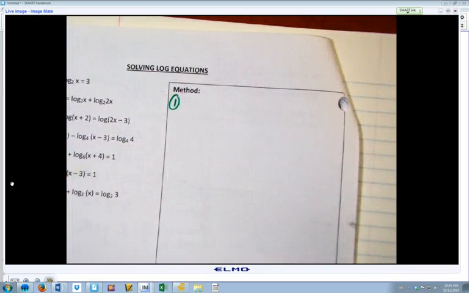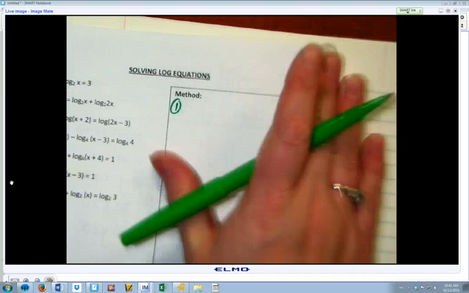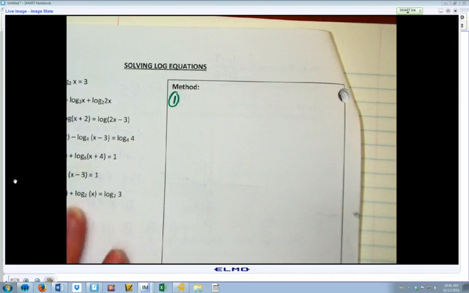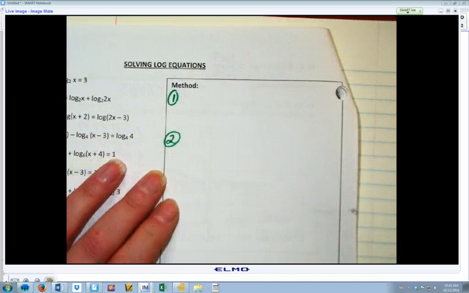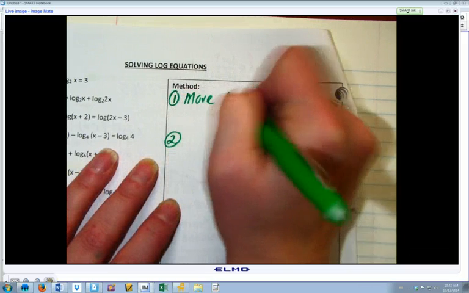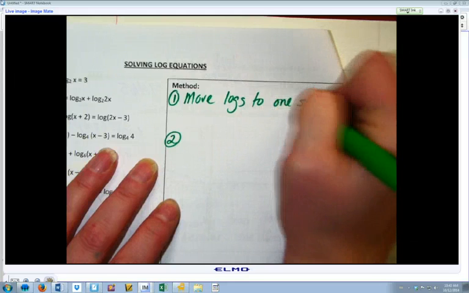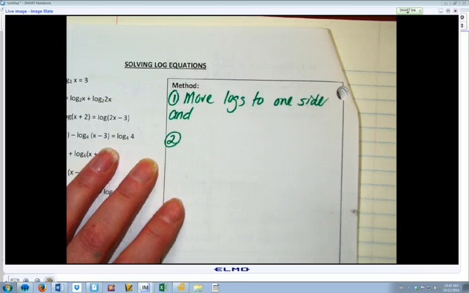Method box. Step 1. Simplify would be step 2. Move logs to one side, and so if logs are on one side, what's on the other side?